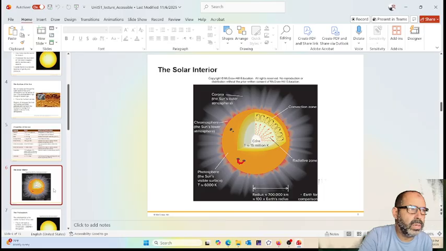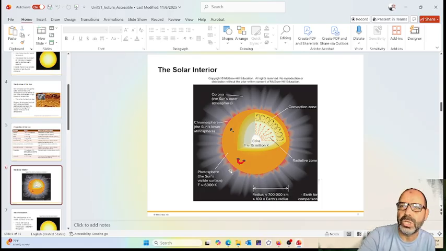The surface of the sun is just the outer surface, which is the photosphere. As I said before, the radius is about 700,000 kilometers, which is about 100 Earths lined up next to one another to reach this distance. Of course, 100 Earths times 100 Earths times the depth, 100 Earths, that's 100 times 100 times 100.